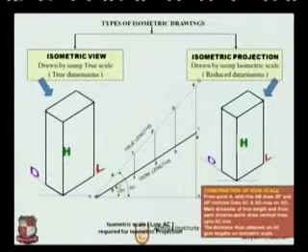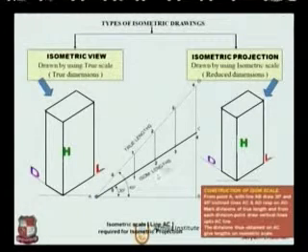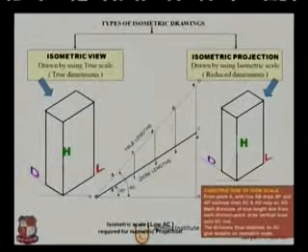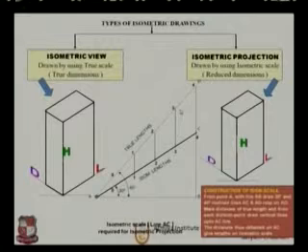And isometric lengths are drawn at 30 degrees. So if we draw a perpendicular line, a projection from these points, the exact points on the 30 degree line will give us the isometric lengths.